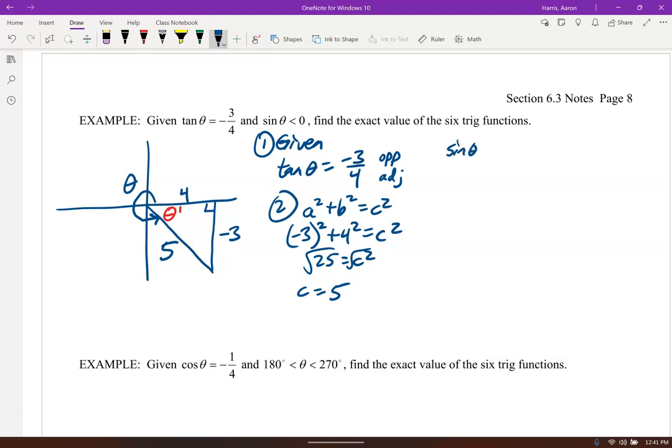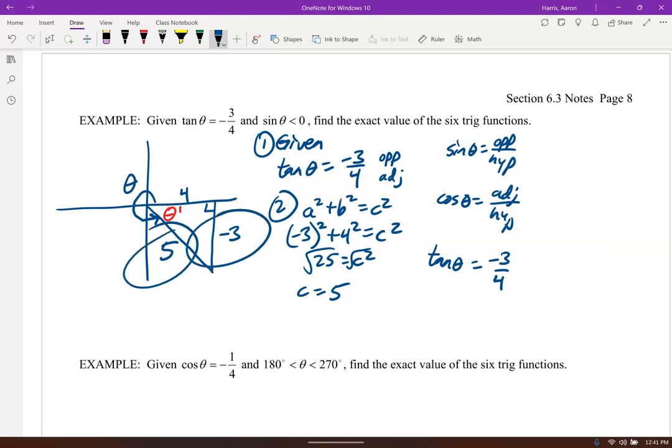Well, sine is opposite over hypotenuse. Cosine is adjacent over hypotenuse. Tangent, we already know, is opposite over adjacent, but they gave us that one. And then we'll flip them all around, right? So let's do it. Sine, opposite over hypotenuse, is negative 3/5.